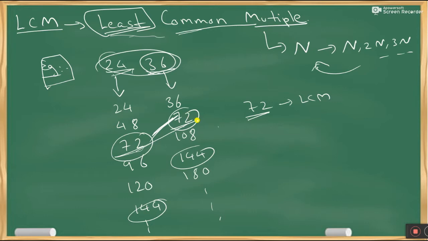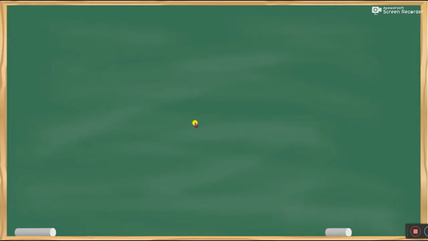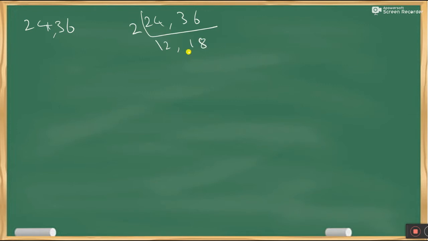Let us start with the basic known method, that is the traditional division method. These are the given numbers, 24, 36. First we'll start with 2. 2 12s are 24, 2 18s are 36, again it goes with 2, 2 6s are 12, 2 9s are 18.